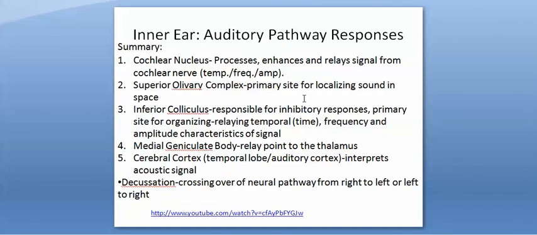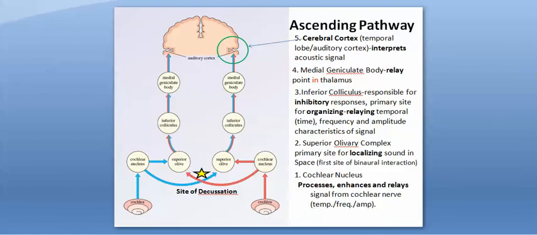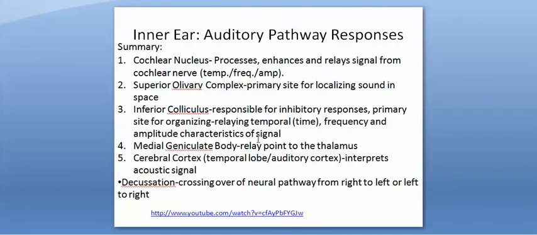All right, so in summary, I wrote it out for you guys. The cochlear nucleus processes and enhances information, and that's also the point where decussation occurs, that crossing over of the sound.